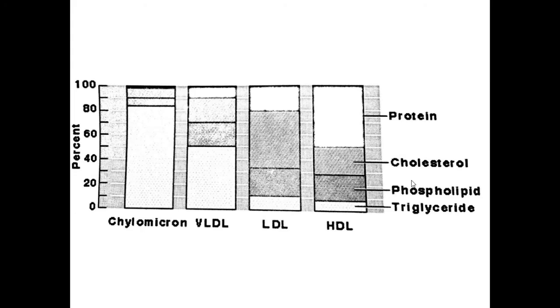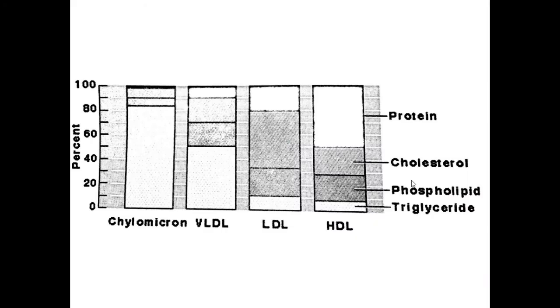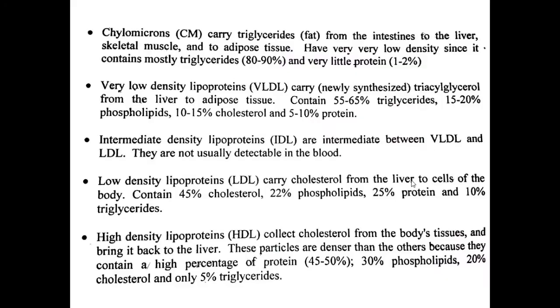So these are the different types of lipoproteins. Okay, these are the different types of lipoproteins. So again, it's the chylomicrons that are the first lipoproteins that come in contact with the diet-derived fats.